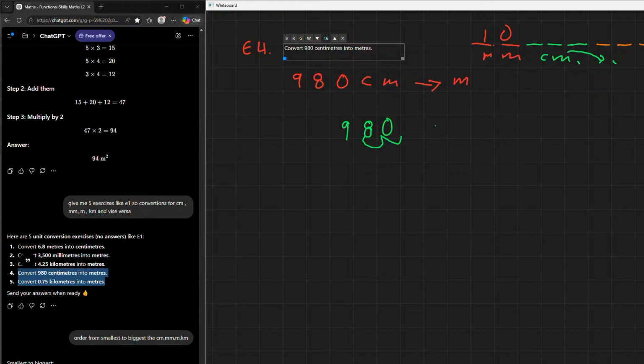Wait, it's the other way around. 980. We take 1 zero off. 9.8 meters. Then what? Okay, A4.